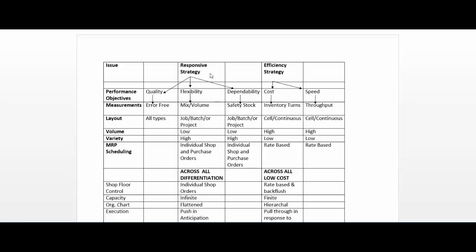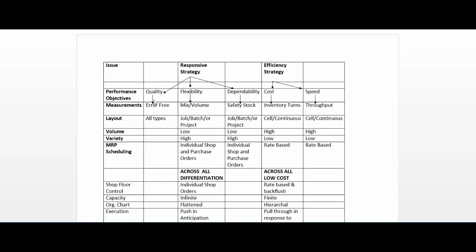So what I want to look at here is a number of issues on the left column that we look at in operations and supply chain, and what are the typical characteristics under a responsive or an efficient strategy. Some of these you'll be making decisions with in the simulation, some you will not. But the idea behind it is pick a strategy, left side or right side, and then for the issues that you have, make a decision that's supportive of it.